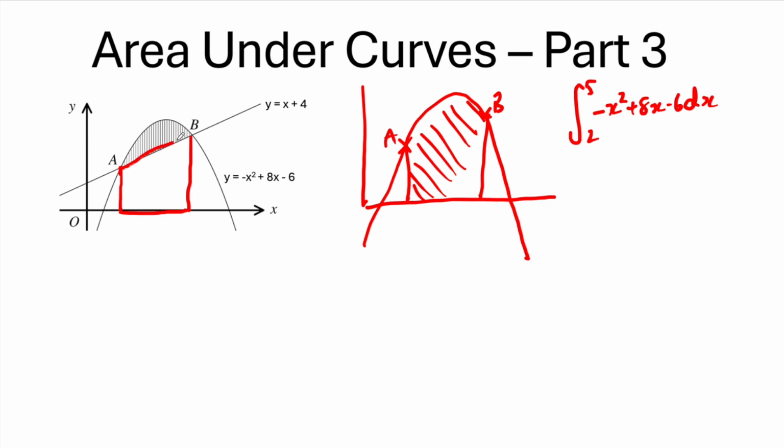Then you need to, using your basic math skills, find the area of that shape that has been cropped off of that initial area under the curve. So that might be a trapezium, it might be a triangle, it might be a rectangle or a square. But you need to identify what shape it is and work out that area accordingly.